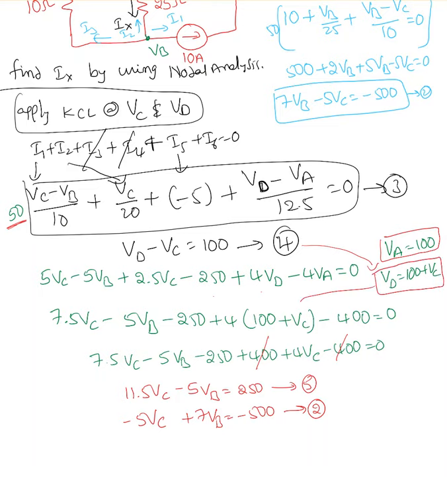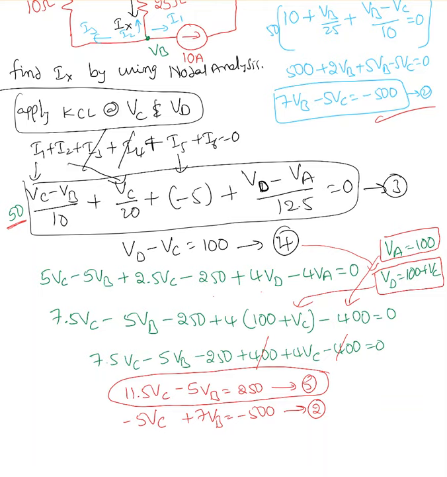So I replaced VD and VA, and the final simplified equation is 11.5VC minus 5VB equals 250. Now I have equation 2, which is minus 5VC plus 7VB equals minus 500. Now I have two unknowns, two equations.